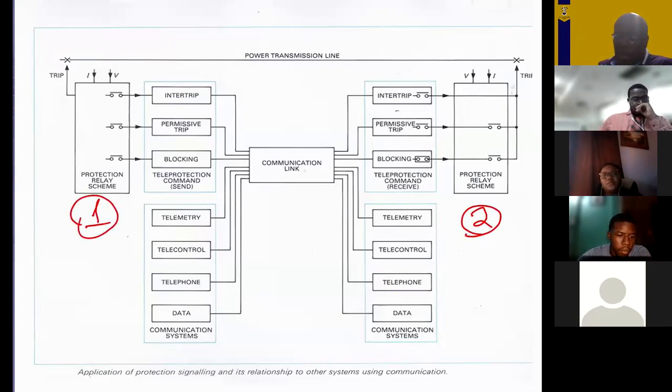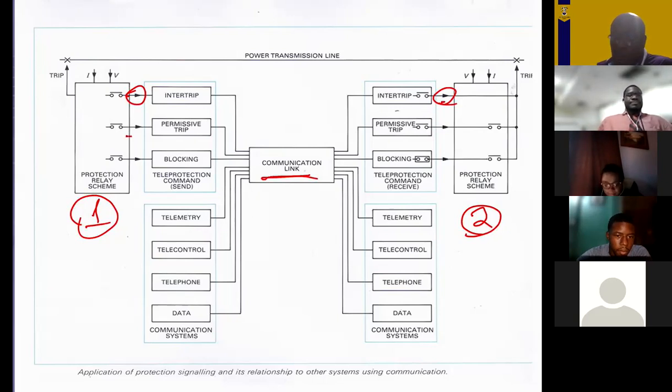So we can either be using an intertrip scheme. I think this is in your lecture notes. So we can either be using an intertrip scheme, meaning once it is sent across the communication link and received at the other end, then we operate.